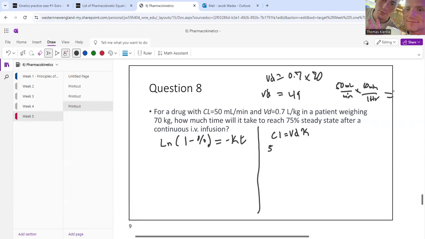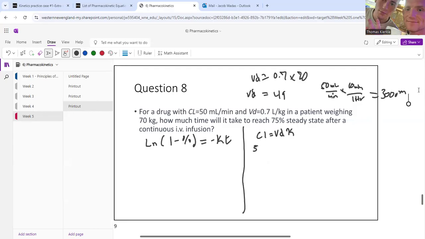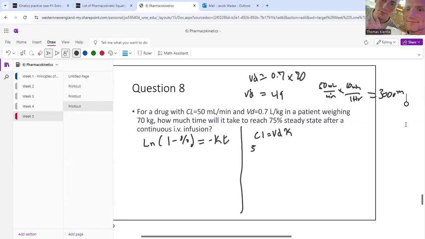So that equals 3,000 milliliters per hour.